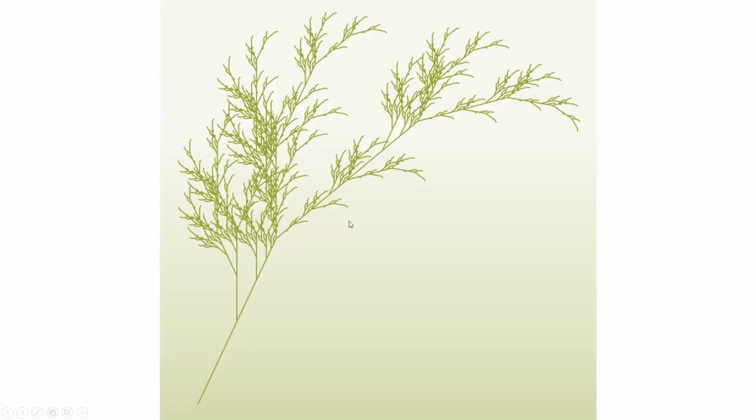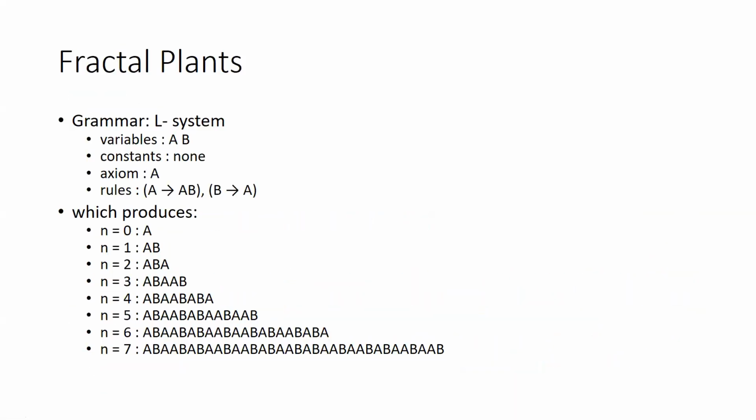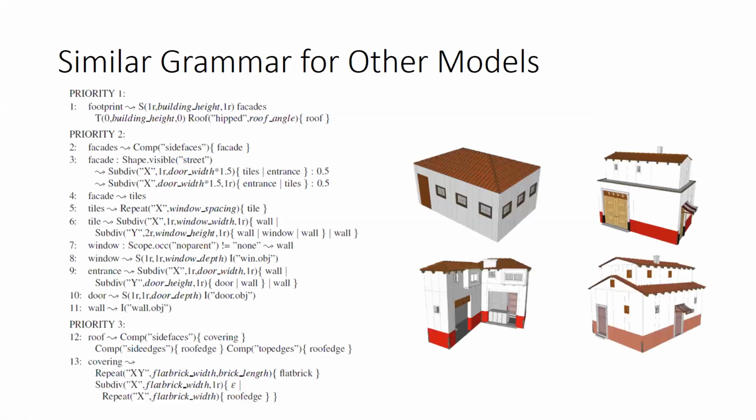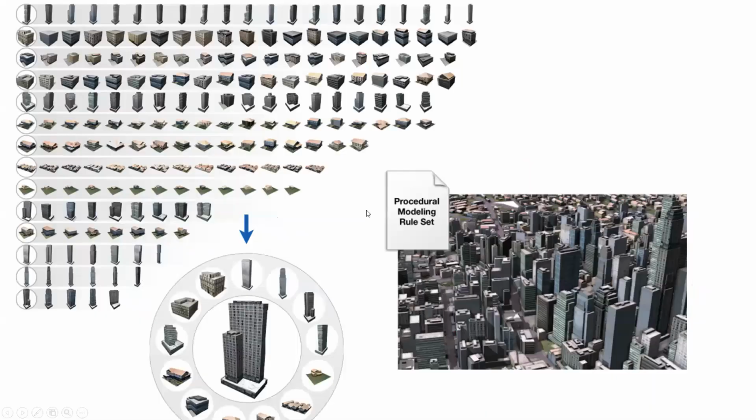I don't know if you remember this type of plant from 3241, the first two lectures. All these are similar to terrain because you can just apply some grammar rules like that. You can also do grammar rules for buildings. Buildings are a bit more complicated, but you can set up grammar rules so that certain things spawn a window or a house, and you can even do it for city scale.